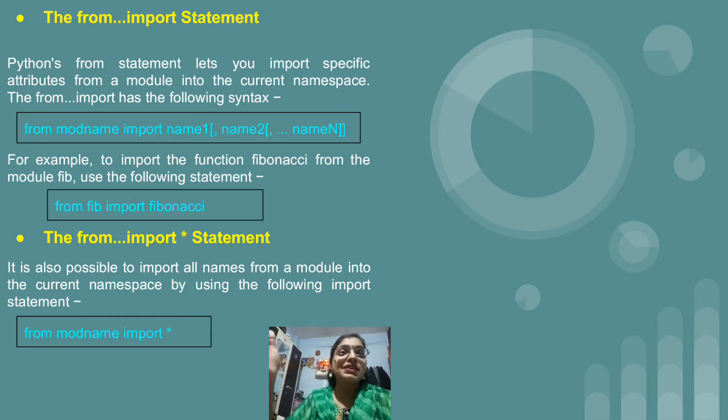In the previous example we just imported a single, specific method from the module. But if you want all the methods from a particular module, then you can write from module name import and put an asterisk. So star indicates that we want to import all the methods which are part of the specific module.